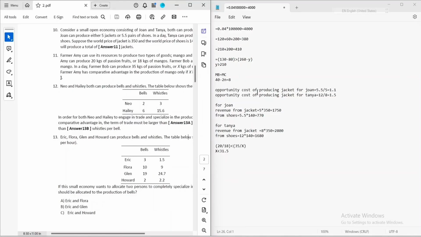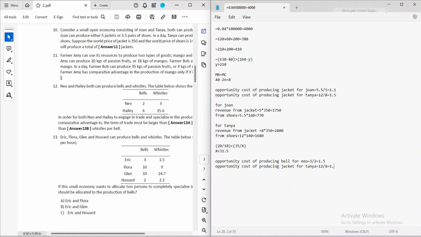So let's see. Let me copy this so that I do not have to type everything. So opportunity cost of producing bale for Neo is simply 3 divided by 2, which is 1.5.